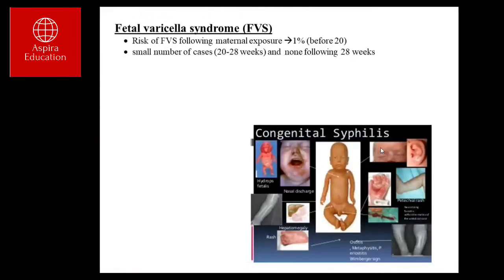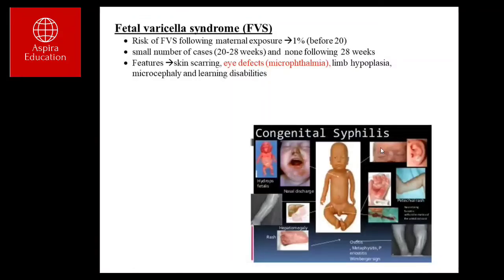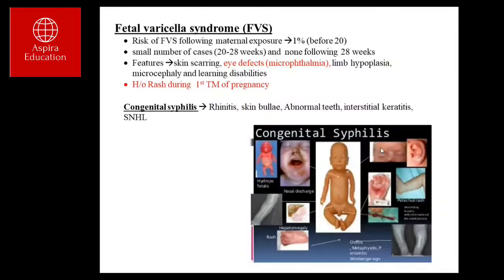So it is basically in the first trimester where the risk is highest. The clinical features in the baby are scarring of the skin, eye defect, which is microophthalmia, limb hypoplasia, microcephaly, and some learning disabilities. The clue could be a history of some rash during the first trimester of pregnancy. That indicates that the baby might have fetal varicella syndrome.